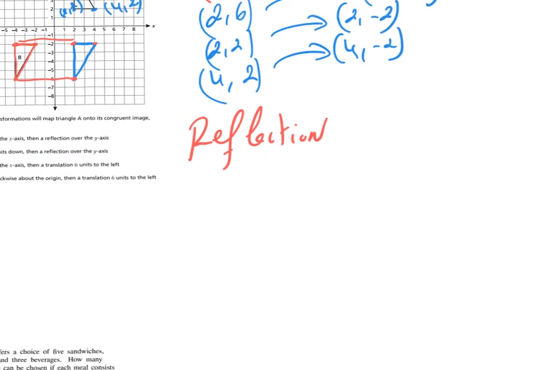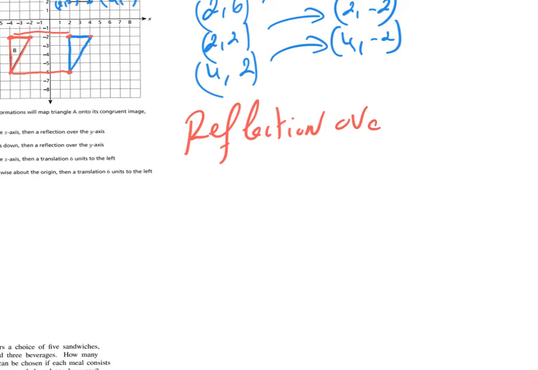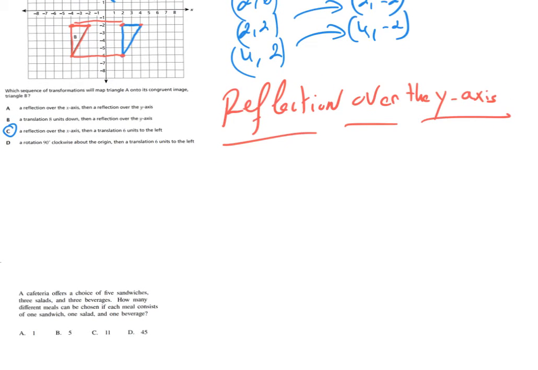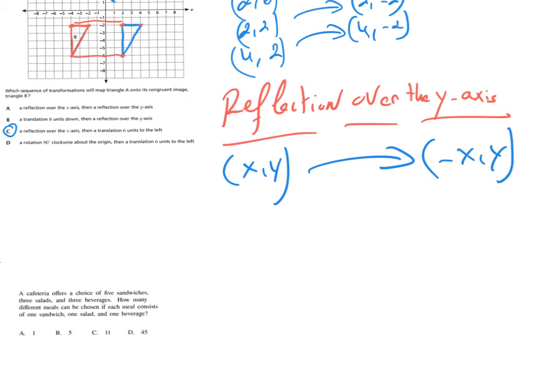If I have a reflection over the y-axis, the change is going to be in x. For example, any point (x, y) in the triangle will become (-x, y), right?